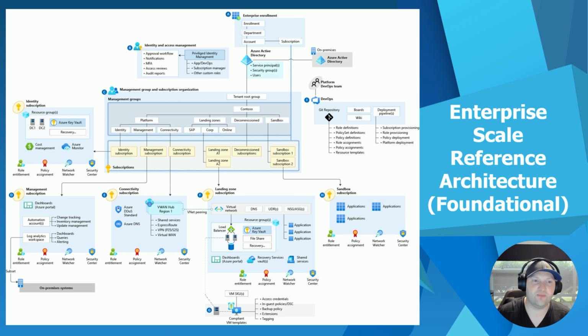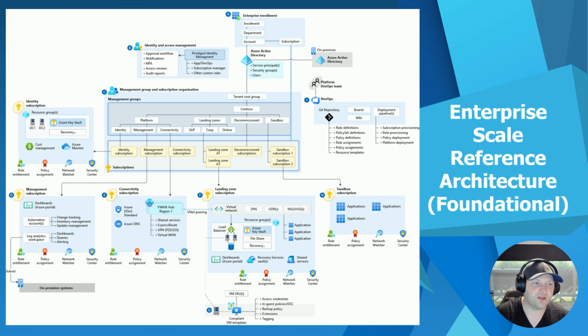In this example, we've got Contoso, that's the organization name. Under the organization, you've got things like the Sandbox, the decommissioned landing zones, your application dev test, production landing zones, and platform. The platform is really about the Azure platform. The connectivity is where your network connectivity, your virtual WAN or hub and spoke will go.